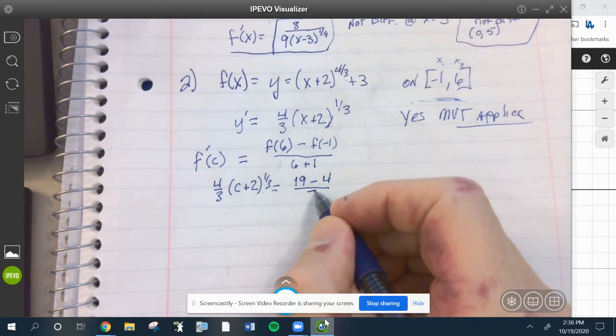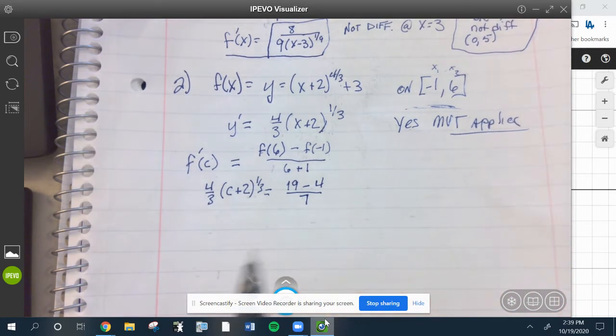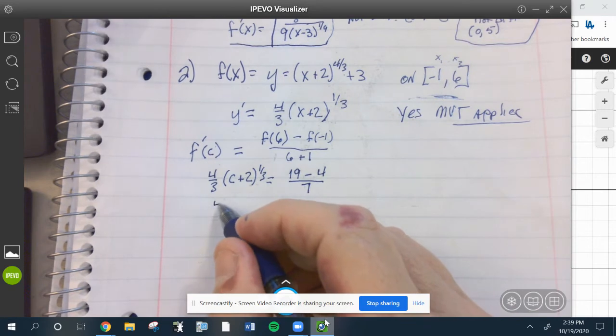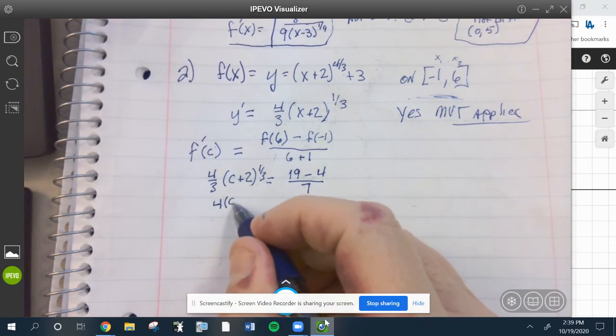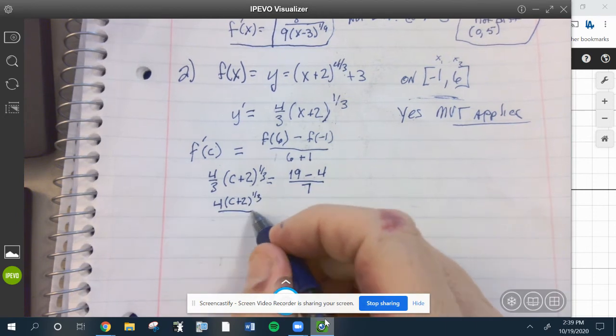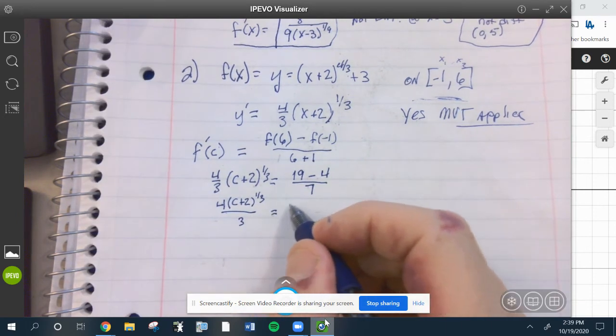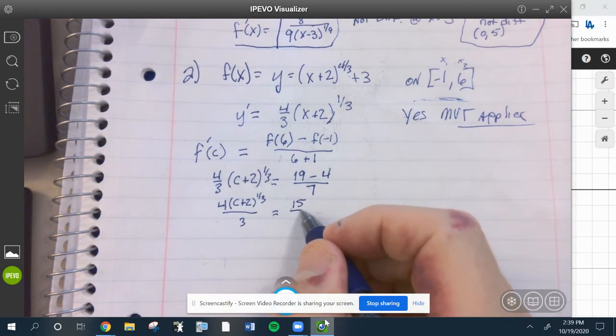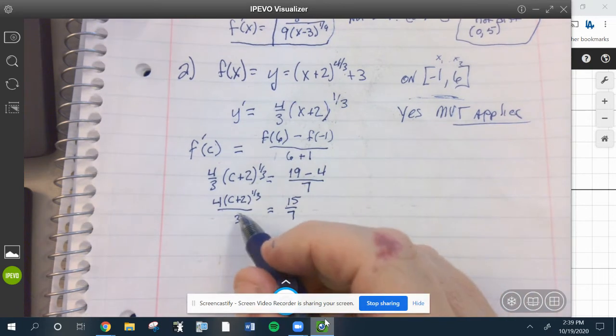And now we just have to solve this. I think it'll be easy. Watch. 19 minus 4 is 15. Now here, I think it's a fraction equals a fraction.